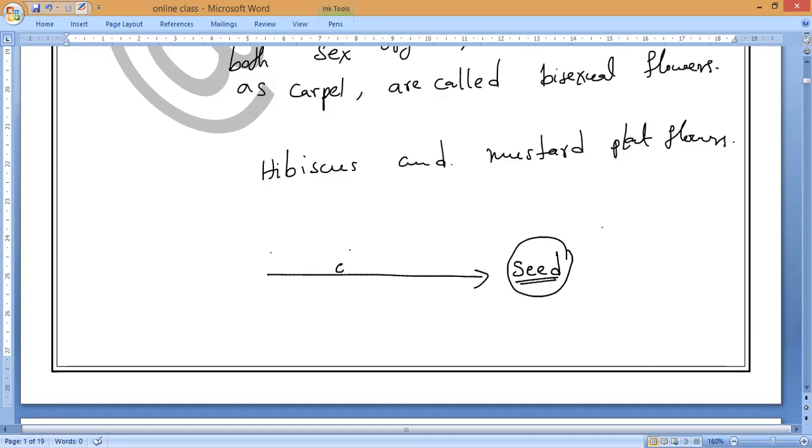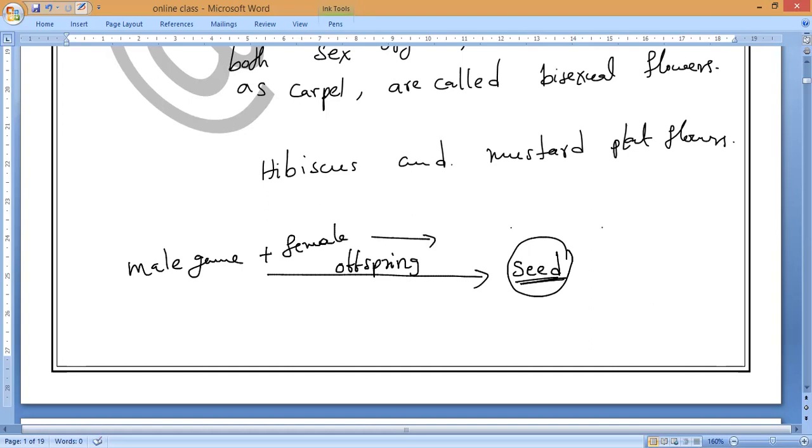The new offspring of plants we call seeds. Whatever takes place with the help of stamen or carpel, their ultimate goal is to produce new seeds, which form when the male gamete fuses with the female gamete. Is it yes or no, guys? And they produce the new offspring.